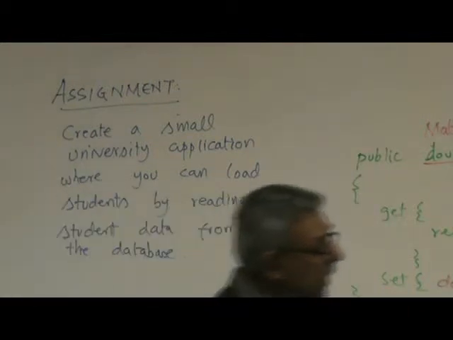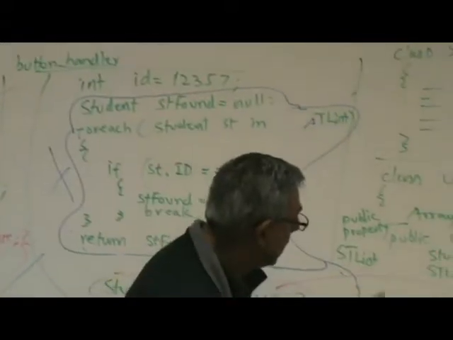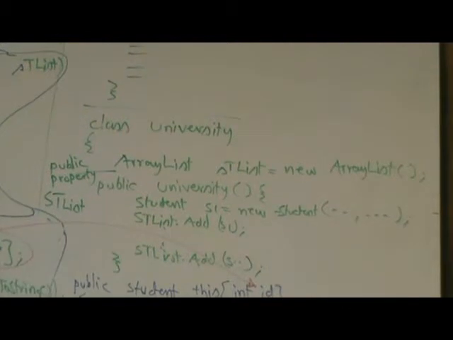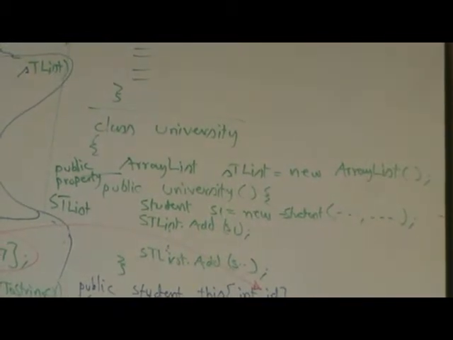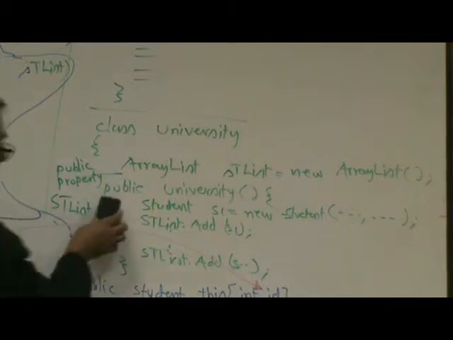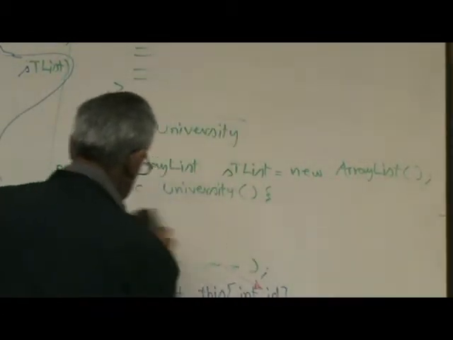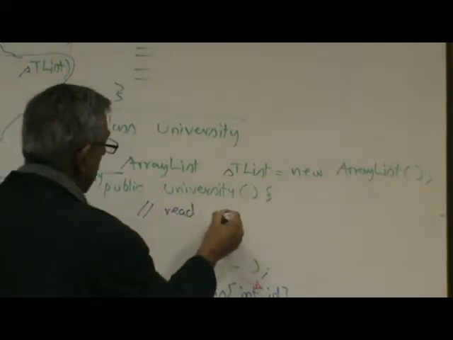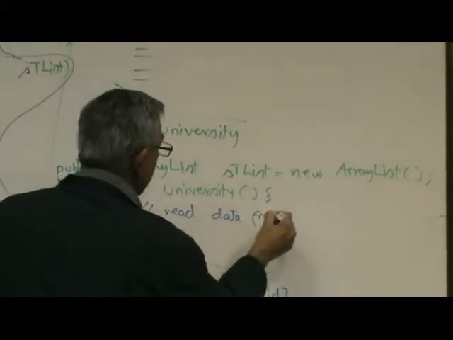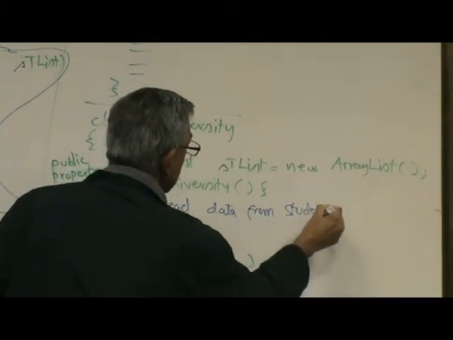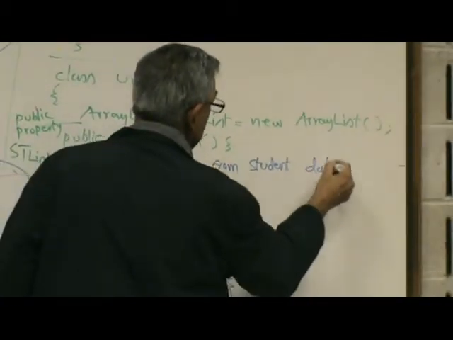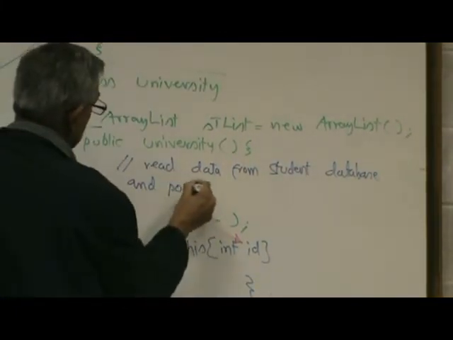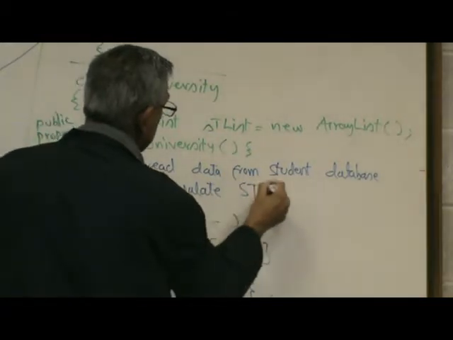So what I'm trying to say is in the constructor over here, rather than hard coding what students do we have, right? So your constructor for the university class, over here you will read data from the student database and populate the SD list.